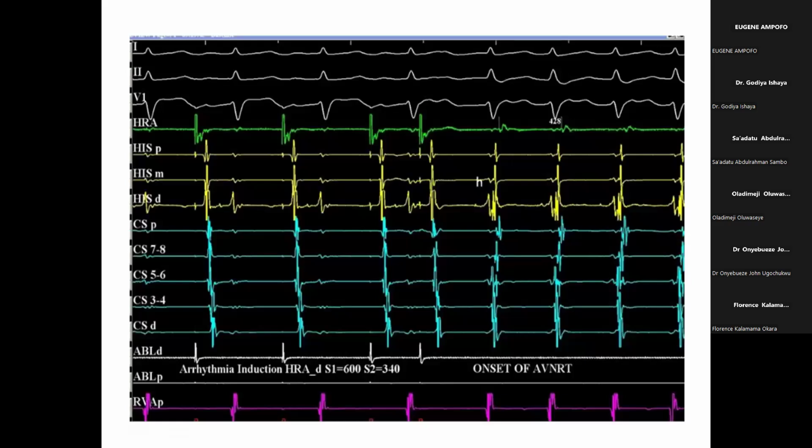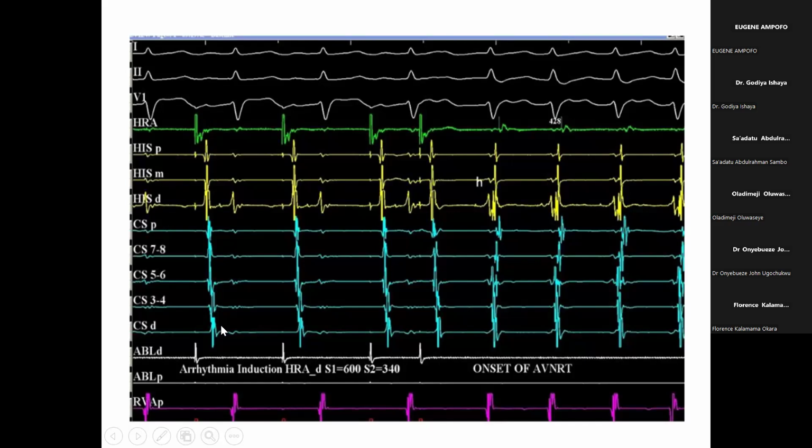So do you see this now? Look at this very well. You see the patient is in sinus rhythm, right? You can see the HRA catheter, right? You can see the His catheter. You can have proximal His, mid His, distal His. You can have proximal CS and CS1 to whatever.